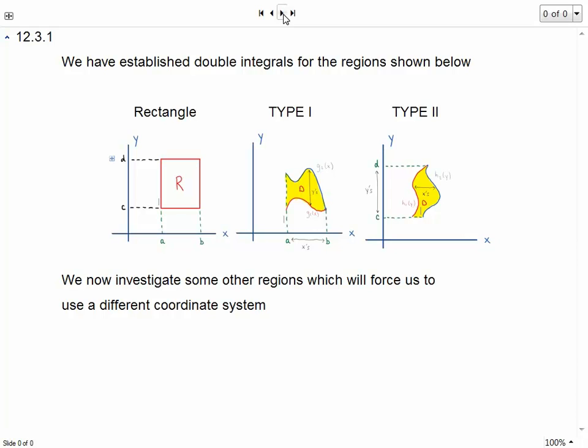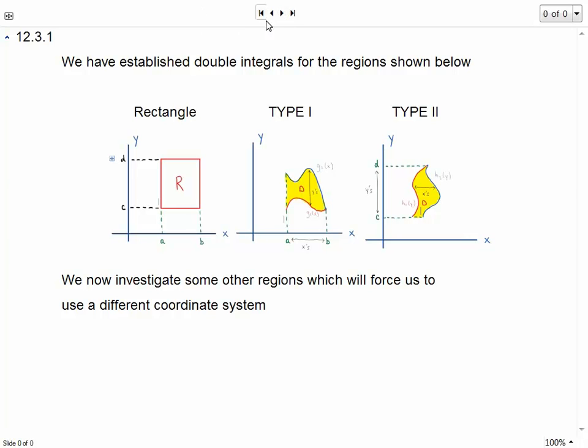We have the rectangle, which we called R. That's where your x's are between constants A and B, and your y's are between constants C and D. We have type 1, where your x's are between 2 constants, A and B, and your y values are stuck between 2 functions of x. Type 2, your y's are stuck between C and D, and your x's are stuck between 2 functions of y. Right? That's what we did.